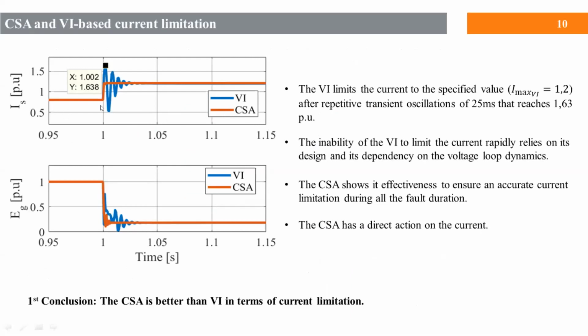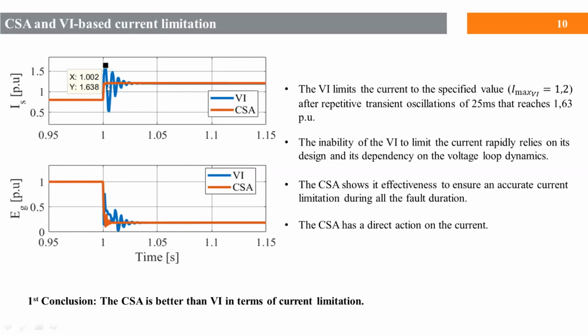The results show that both methods allow limiting the current in a good manner in the steady state. However, in the transient, there is a big difference between both methods: with the virtual impedance, we can see a repetitive transient that may achieve 1.63 per unit during the first 25 milliseconds.